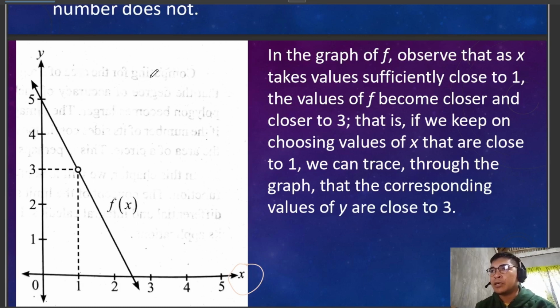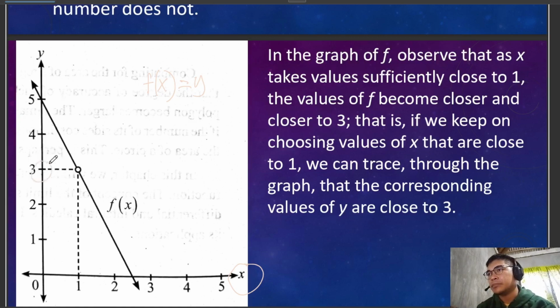So take note, our f of x in graphing is equivalent to our y. Since x refers to the x-axis, f of x refers to the y-axis. So when the value of x gets closer to 1, what happens is that f gets closer to 3.